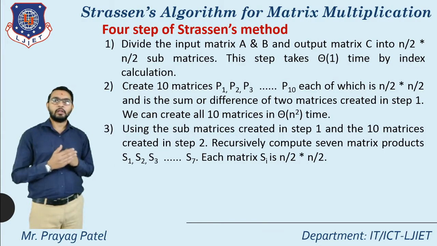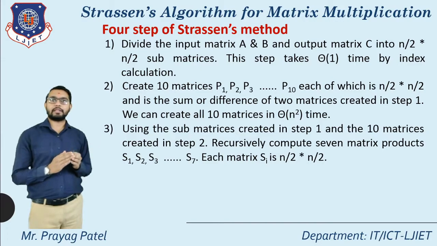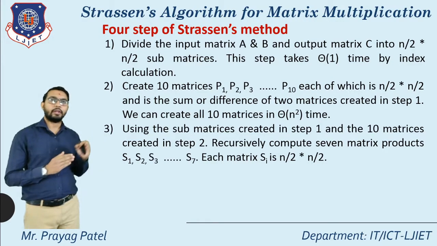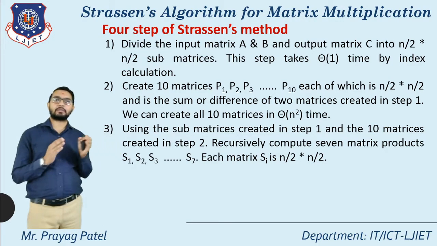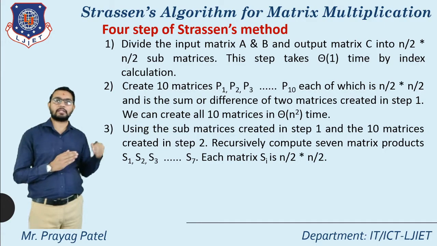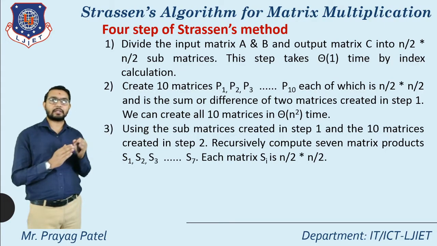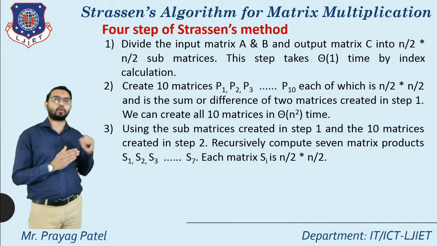Step number 3: using the submatrices created in step number 1 and the 10 matrices created in step number 2, recursively compute the 7 matrix multiplications S1, S2, S3 up to S7. Each matrix Si is of size n by 2 cross n by 2.